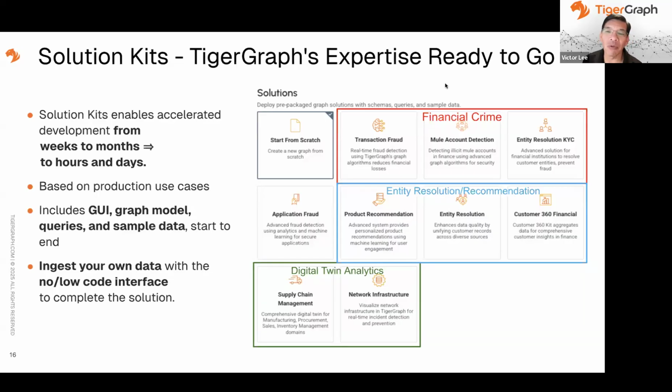So I'm going to walk through the solution kit for transaction fraud. You can see we also have kits for 3 different types of financial crime, for entity resolution, recommendation, and for digital twins. But today we're going to focus on transaction fraud.